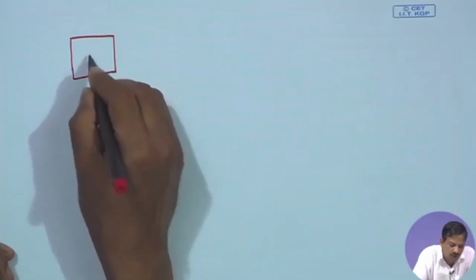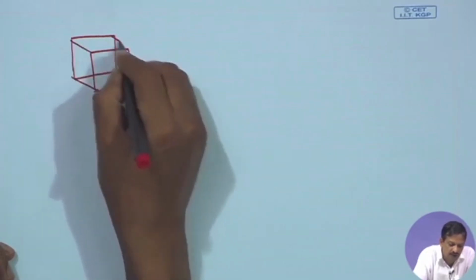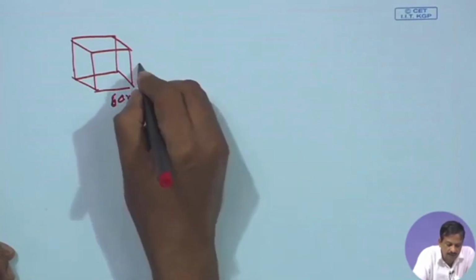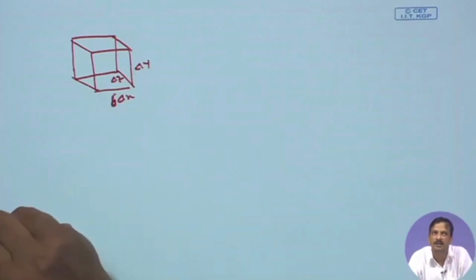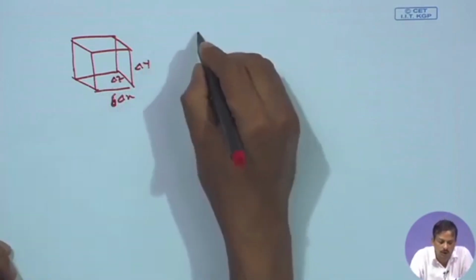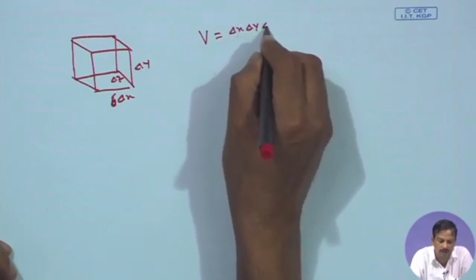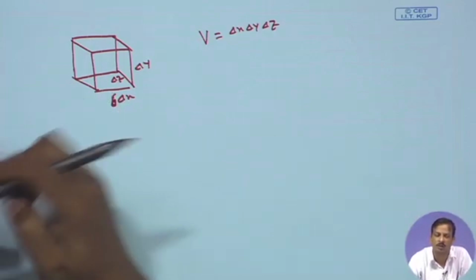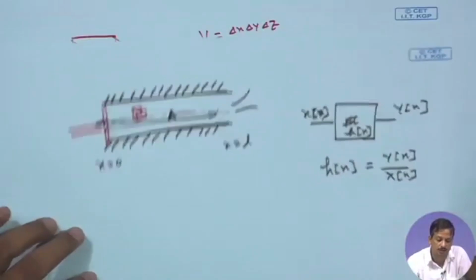Let us consider a single cubicle inside the tube whose dimensions are del x, del y, del z. So, the volume V is equal to del x, del y, del z. Okay. So, this is the volume and this is the cube, a small cube inside the tube that I am considering.